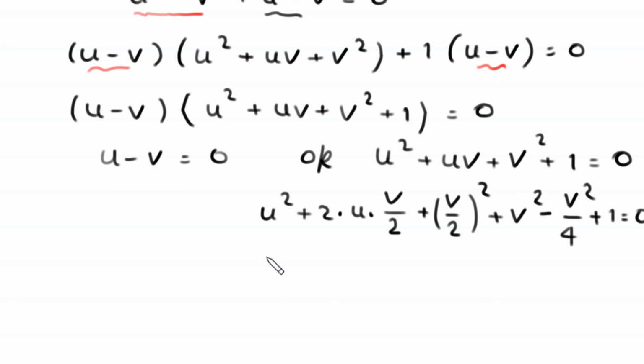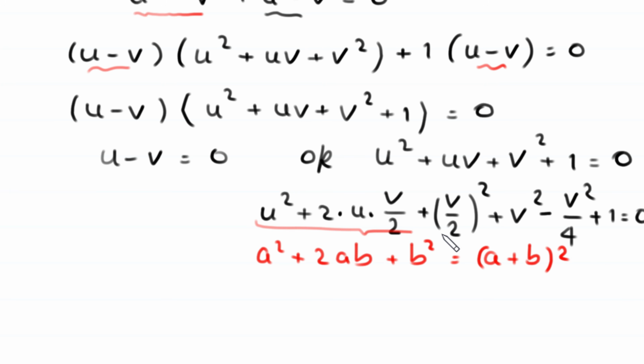By using this algebraic identity, a squared plus 2 times a times b plus b squared equal to a plus b whole squared, this u squared plus 2 times u times v over 2 plus v over 2 squared will become u plus v over 2 whole squared.